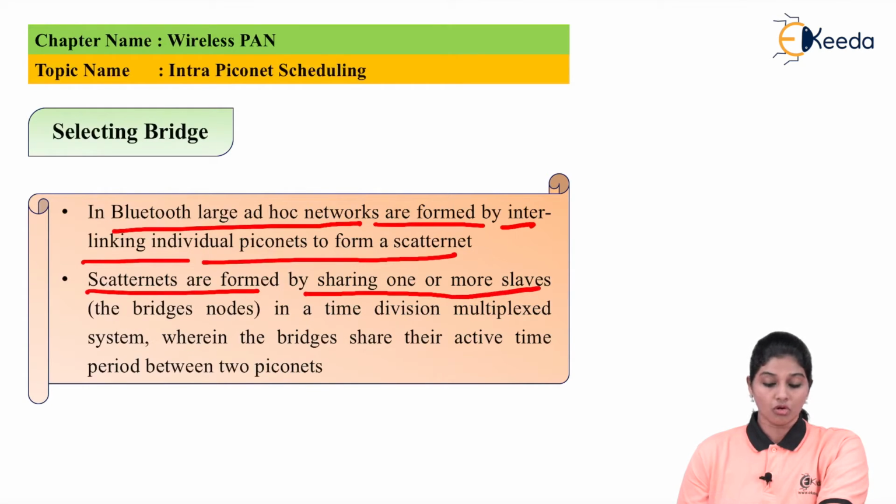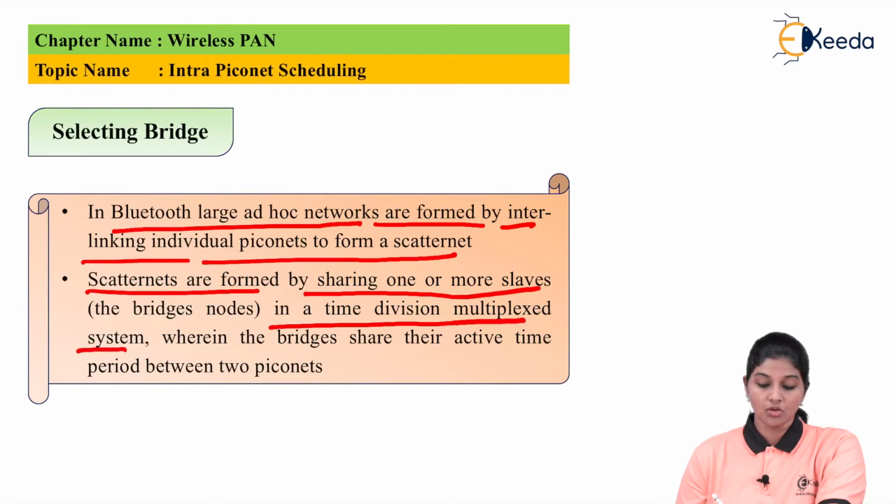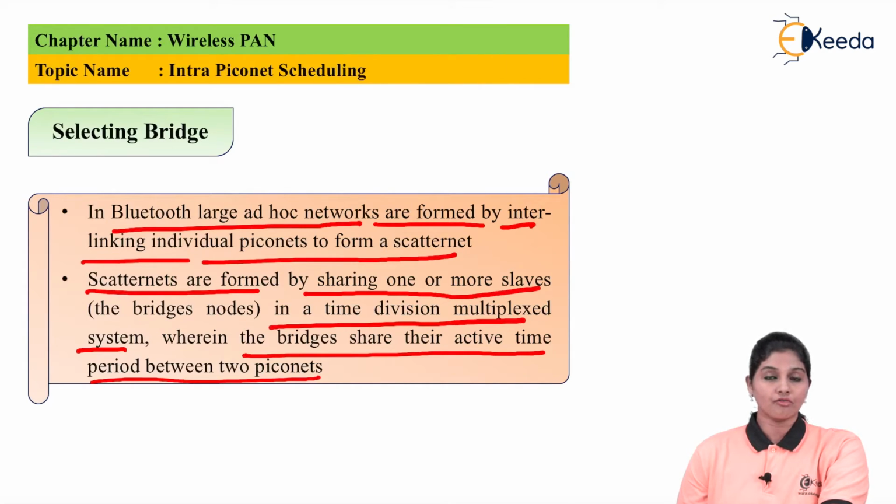The scatternet is formed by sharing one or more slaves in a time division multiplex system, where the bridge node shares its active time period between the two piconets. So whenever the bridge node is formed, it is formed on the basis of TDD, that is the time division multiplexing technique, and that shared node, or bridge node, shares its active time with both the piconets.